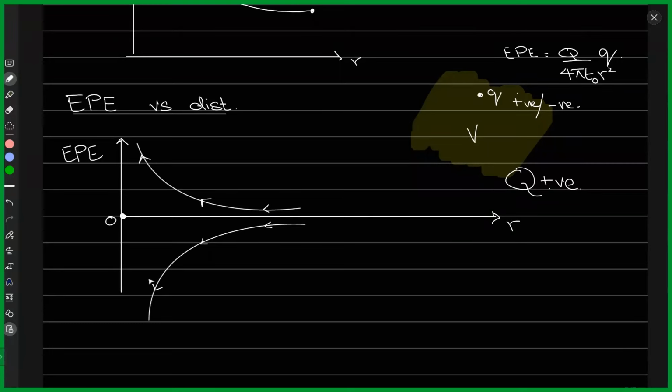So for this negative one, it's going to go towards negative infinity, and the electrical potential energy would keep on increasing, and the electrical potential energy reaches infinity as you approach a charge and become closer and closer to it, so that the separation between the two charges becomes negligible or 0.